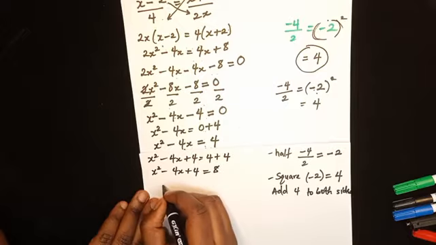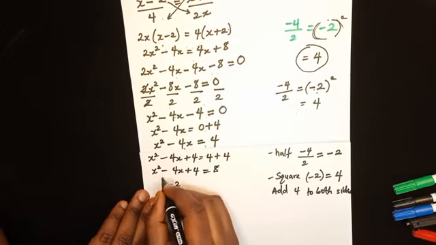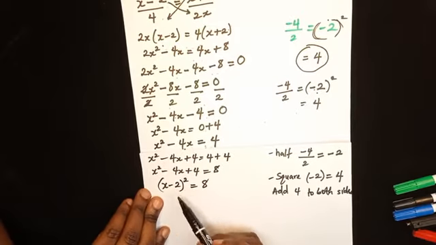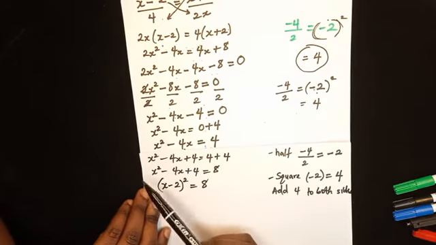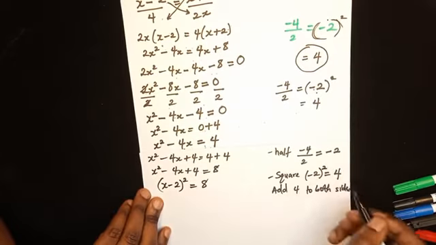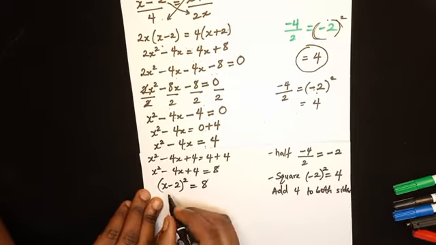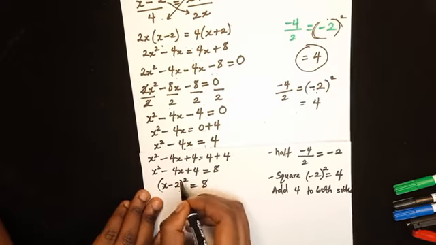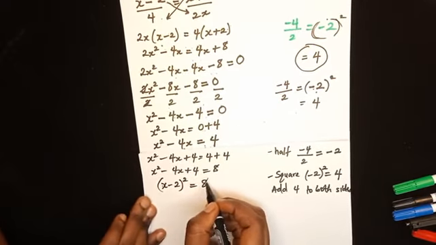Factorizing this side of the equation gives us x minus 2 all squared, which equals 8. A quick method to getting this factorization is just taking note of the x squared here and the minus 2 here. So you just bring them both into a bracket, x minus 2 all squared equals to 8.